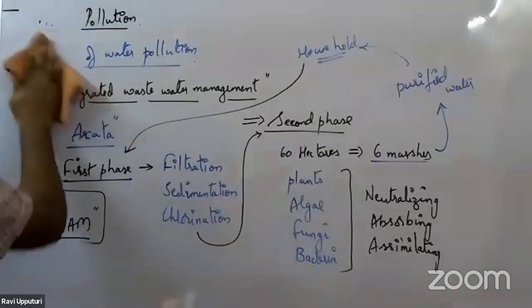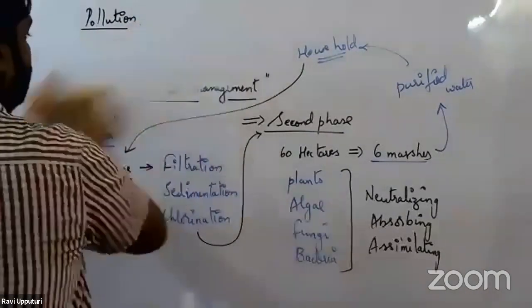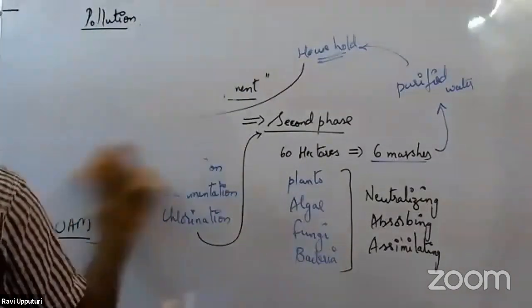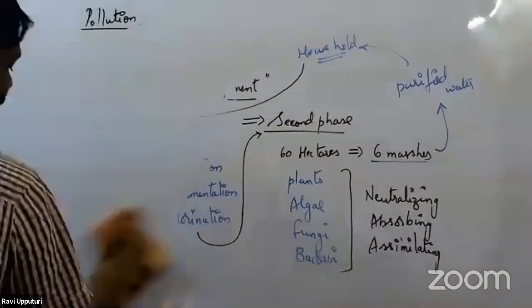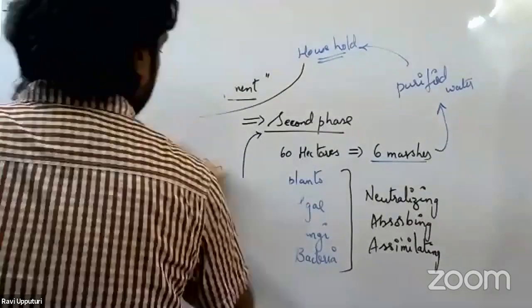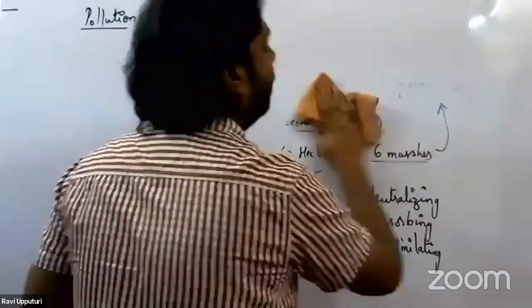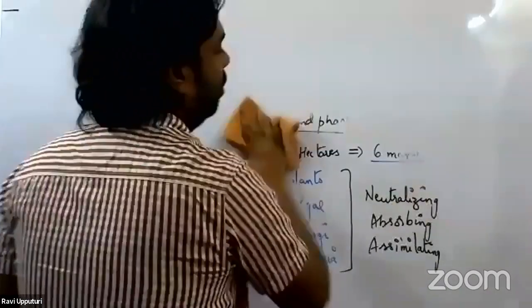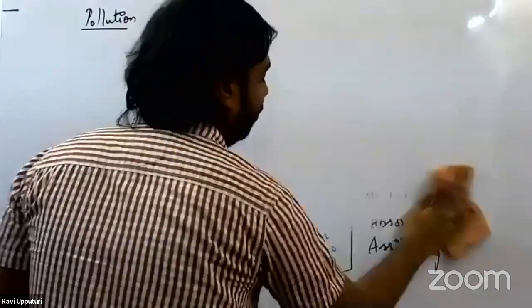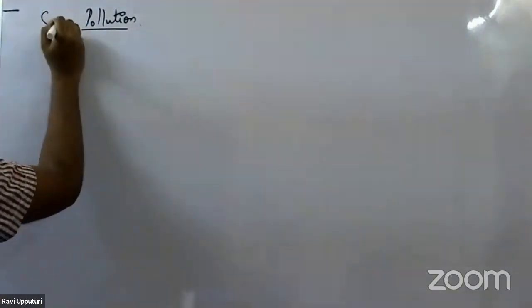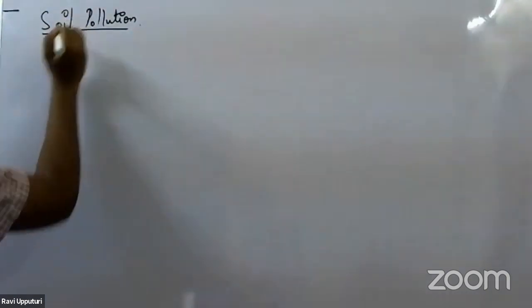The third type of pollution is soil pollution. So let us take up a few things with regards to soil pollution. We know that soil is another important abiotic factor which is responsible for the survival of several living organisms on planet Earth. For the survival of any living organism, soil is considered to be very, very essential.